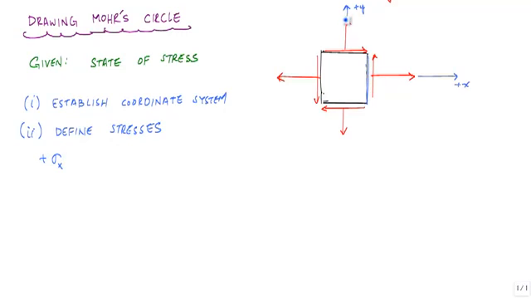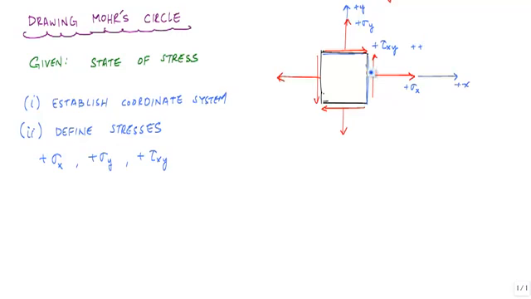And then here, this vertical stress, this red arrow here, would be the plus sigma y because it's causing a tension stress on this face here. This red arrow here is a positive shear stress. And the reason that this is positive is because this red arrow is on the positive x face in the positive y direction.